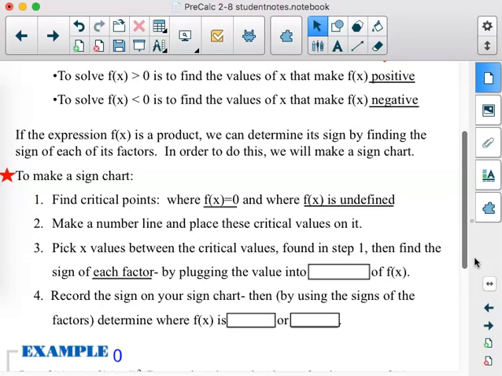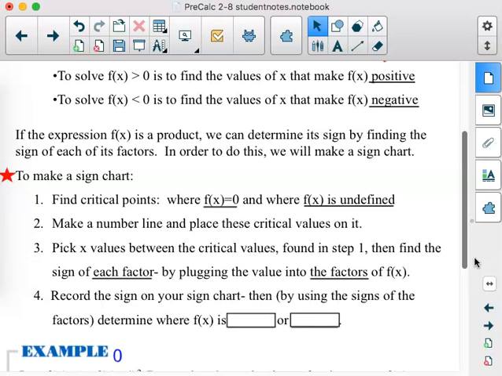Would we get something that's positive, negative, 0? And it shouldn't be a 0 because we already know where those are going to be. So we just want to find the sign of each individual factor. And what we'll do is plug that into the factors of f of x.